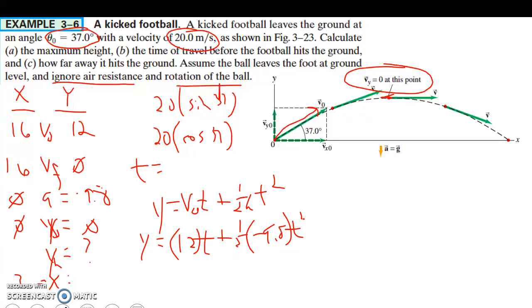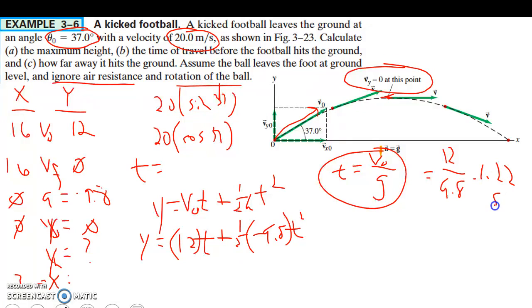So my issue is I have to find time, which is okay because when we do some thinking with the equations, time is initial velocity divided by g. This is a very useful equation when we want to find time quickly. So initial velocity in the y is 12, and we divide it by 9.8. Our time is going to be 1.22 seconds.